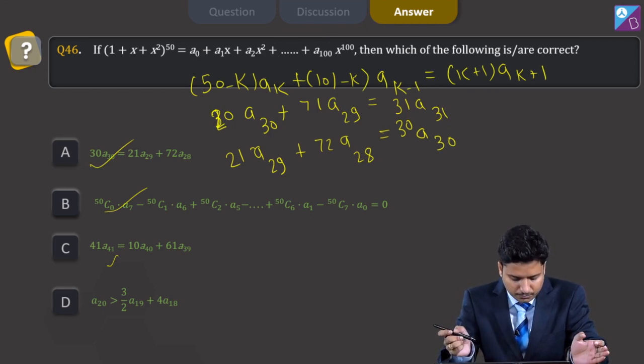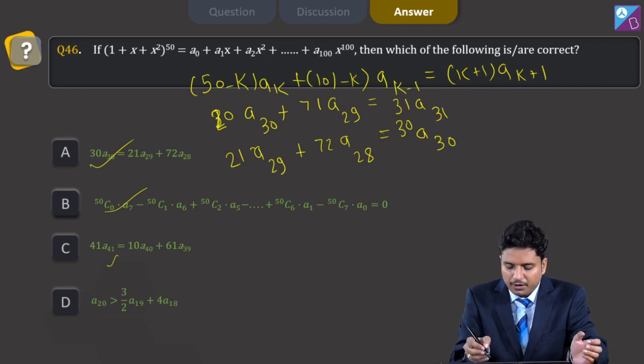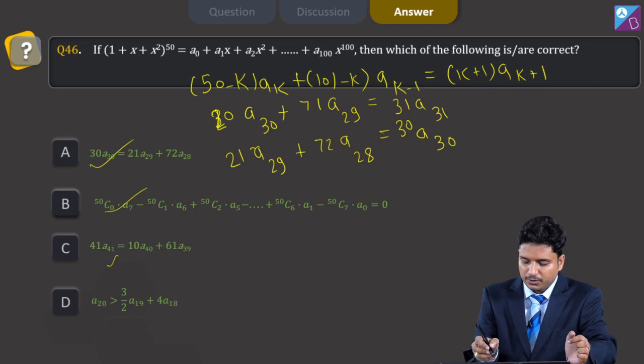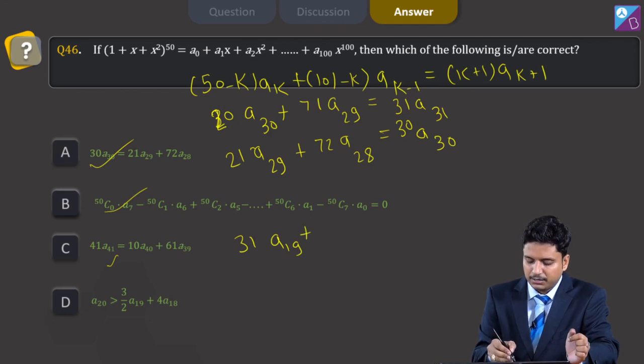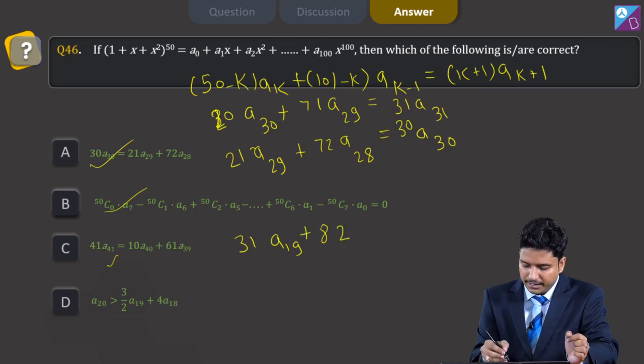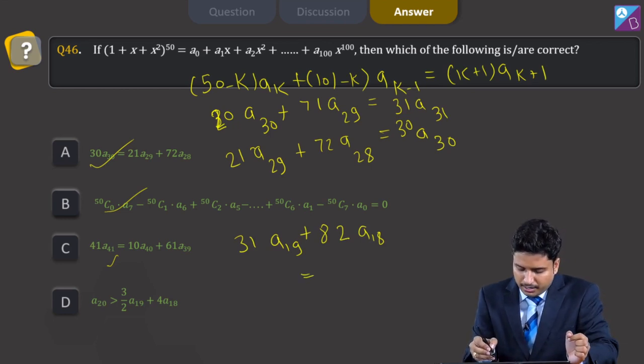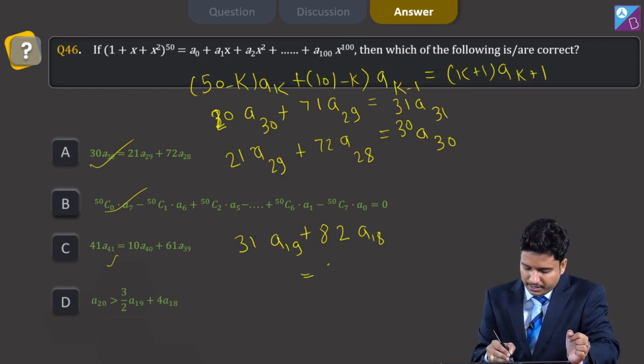So what you can do? You can simply put, for a20, you can put k is equal to 19. If you put k is equal to 19, what you will get? You will get 31 a19 plus 82 a18 is equal to, here it will be 20 a20.